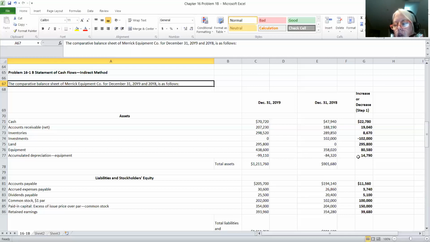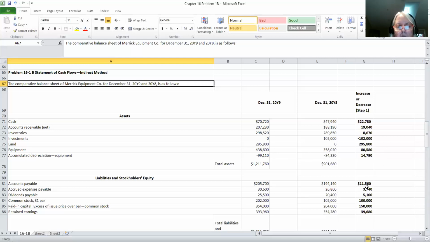Our adjusting entry would have debited depreciation expense, and that would be shown on the income statement. And then there would be a credit to accumulated depreciation, which made this accumulated depreciation amount go up by 14,790. So we did have some depreciation expense, which made the accumulated depreciation increase by the amount of 14,790.